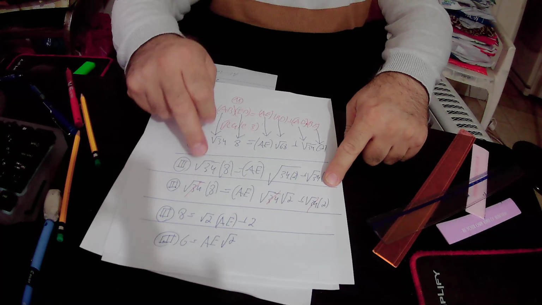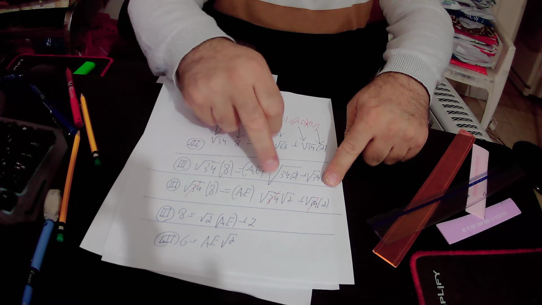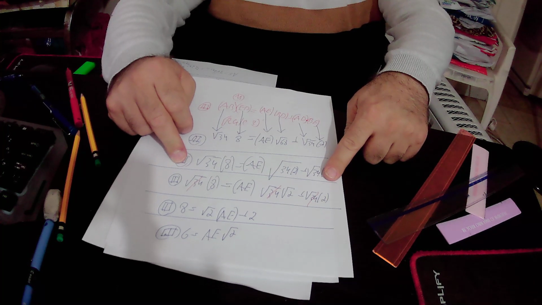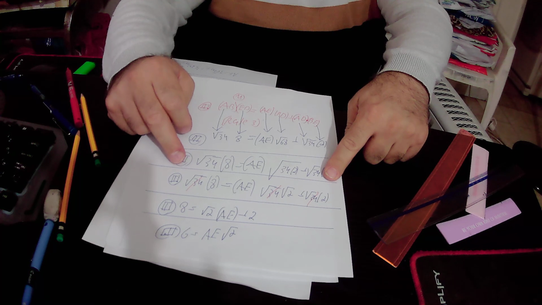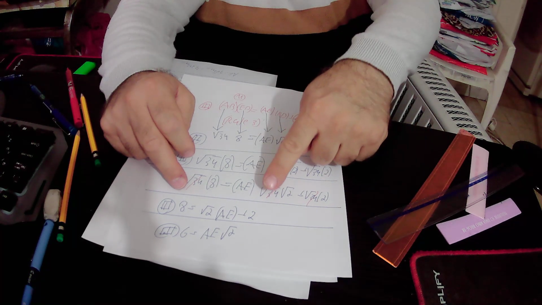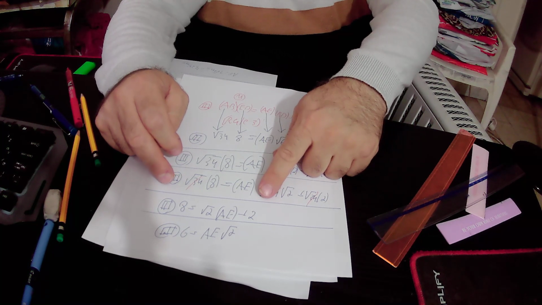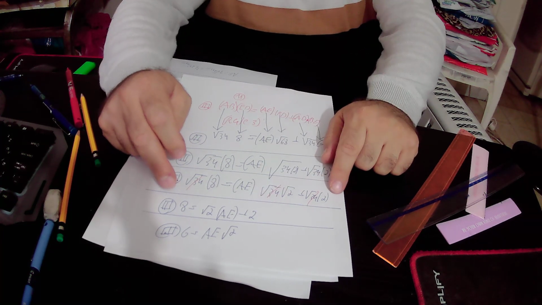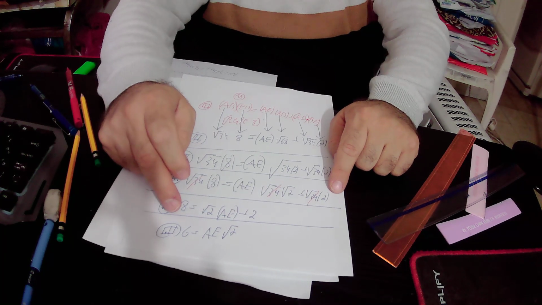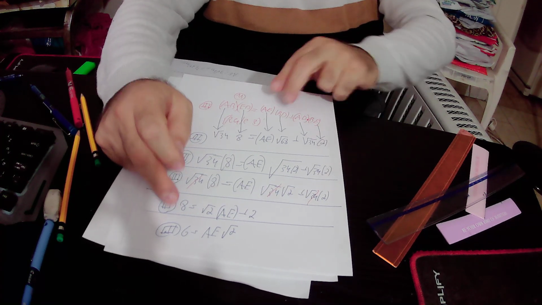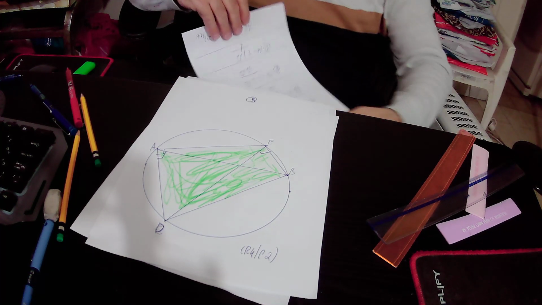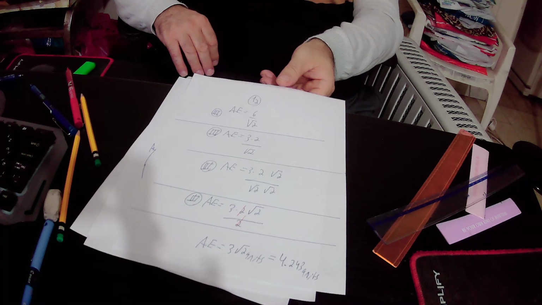So square root of 34 cancelled from this equation, and what is left is 8 equals square root of 2 times AE plus 2. We subtracted 2 from the equation, and we got that 6 equals AE times square root of 2. Then we divided by square root of 2, and we got that AE equals 6 over square root of 2.